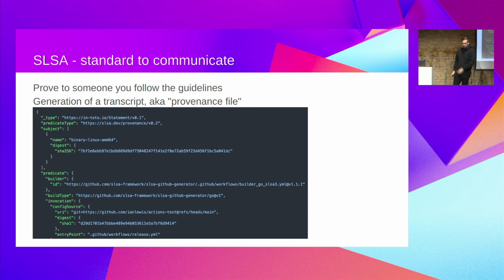So let's say that you do want to conform to SLSA principles or the SLSA framework, and to communicate and prove that you do that, you use a provenance file. SLSA uses a provenance file of the in-toto project.